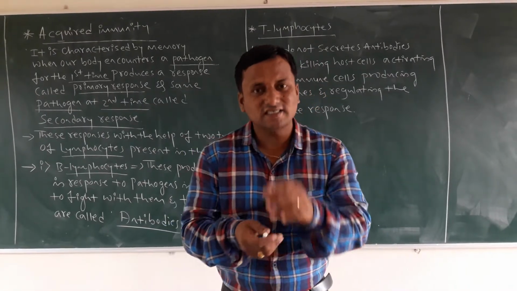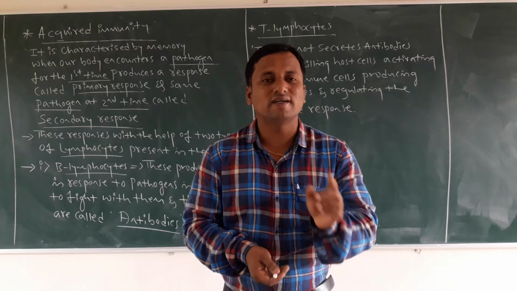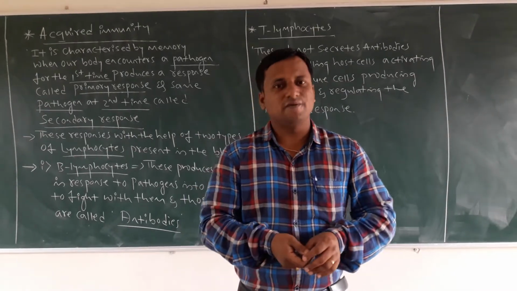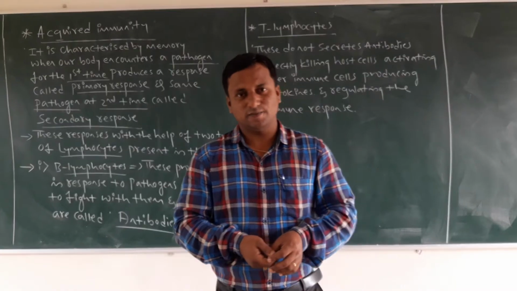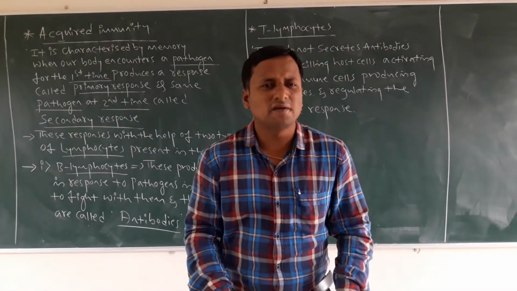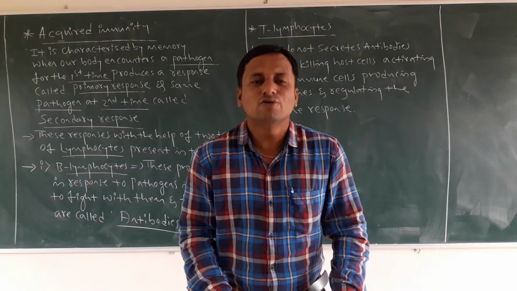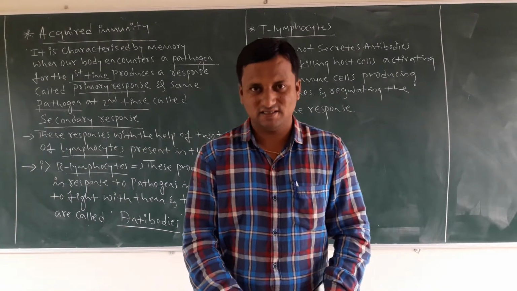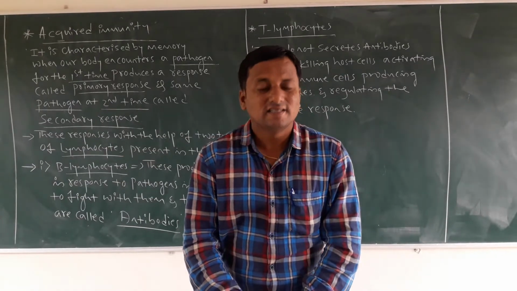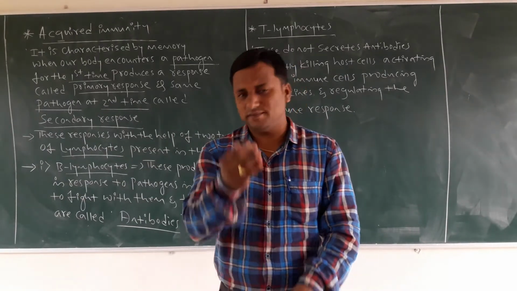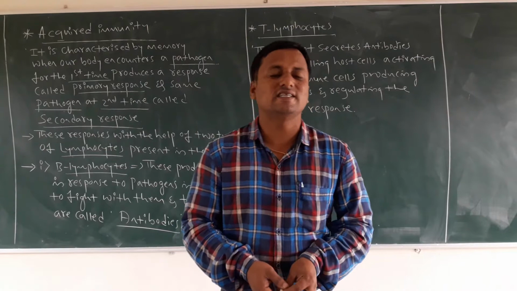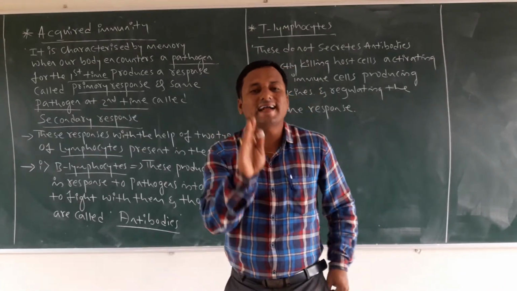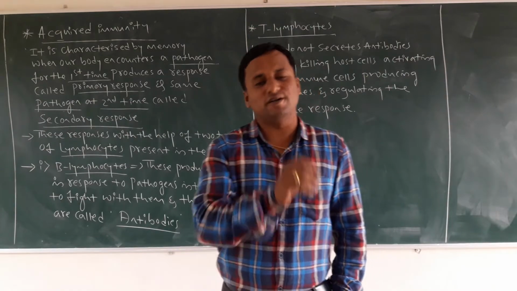The third type of protective measure is called cellular barriers, because the human body has multicellular components, so we have a number of cells. Those cells are responsible for protection against pathogens. The best examples are WBC cells. These WBC cells act like soldiers of the body.